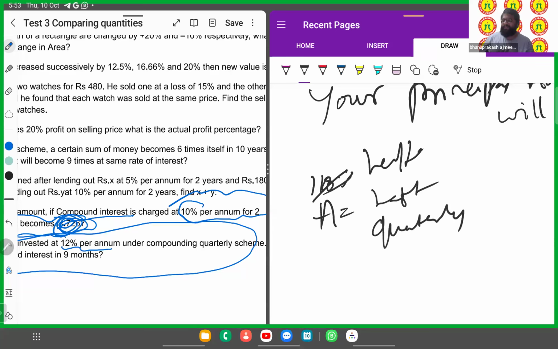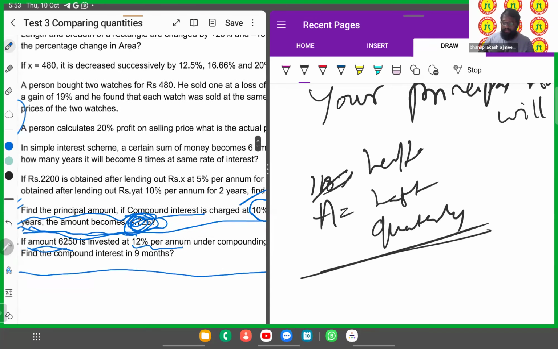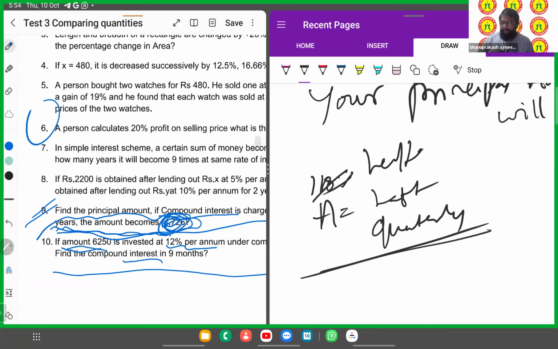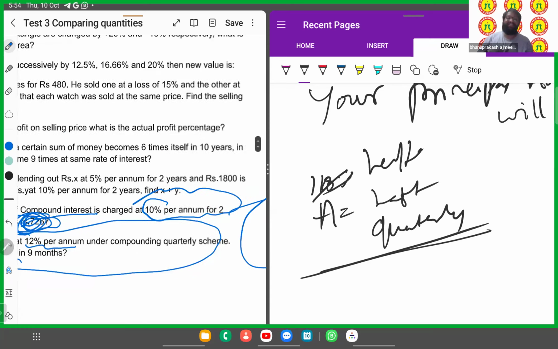How many of you remember this? I don't know how many of you remember the formula for calculating an amount for half yearly and quarterly. So here, 6250 is invested at 12% per annum under compounding quarterly scheme.